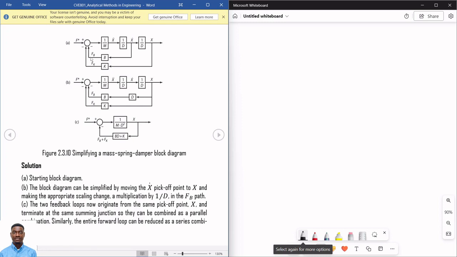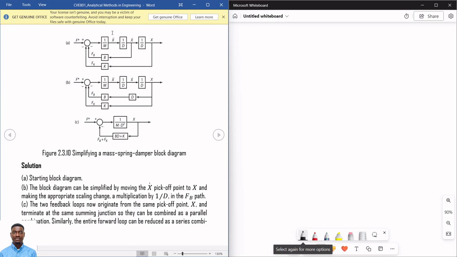You understand? So we already talked about series blocks reduction, parallel block reduction. We have also talked about moving a pick-off point upstream or downstream, and also moving a block over a summing junction, either upstream or downstream. So that is what we are going to be using to reduce this block into a basic feedback system equivalent.